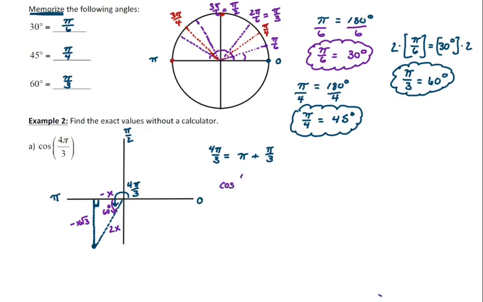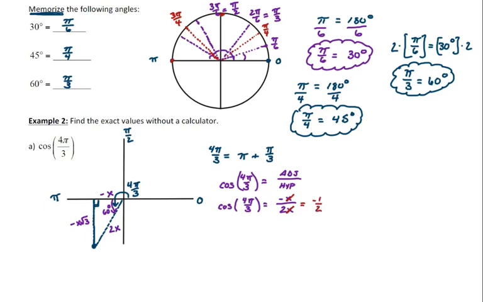So cosine of 4 pi over 3 is really equal to the adjacent side over the hypotenuse, and I can set that up using the side lengths I have. So cosine of 4 pi over 3 will be negative x, the side adjacent to the reference angle, divided by the hypotenuse, which is 2x. So I have negative x over 2x, and what you should notice is the x's will actually reduce.